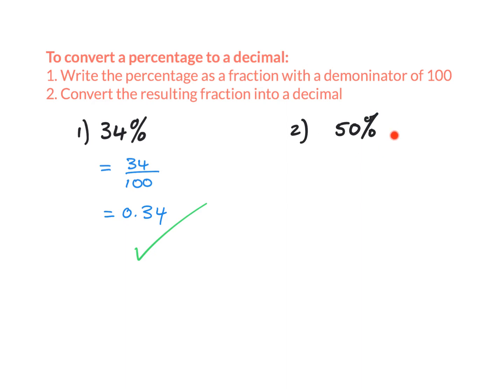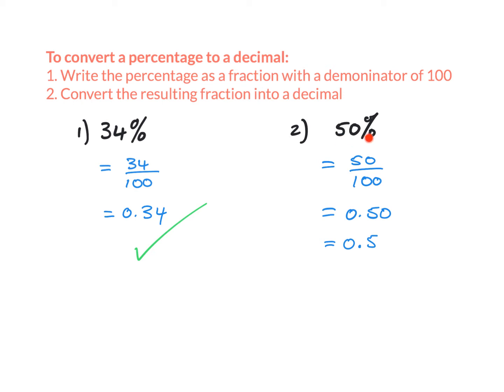Alright, well, give this one a go over here. It's 50%. Convert it back into a decimal. It shouldn't be too difficult. Put the video on pause and come back when you're ready to check if you got it right.